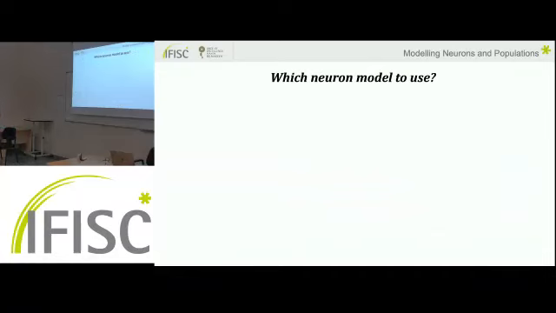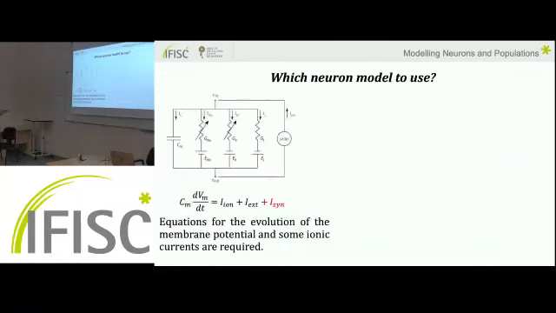But which model to use? Because there are many models. All of them are based on the very simple idea that the membrane has a resistance and a capacitance. For instance, this would be one function where the sodium current, the potassium current and an extra current that can account for other ions that are less important but are there can be modeled. This is the capacitance, and then I have the external stimulus. So this is an electric circuit that I know how to solve.